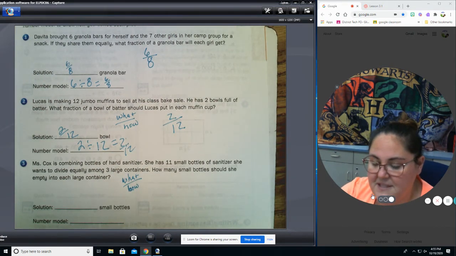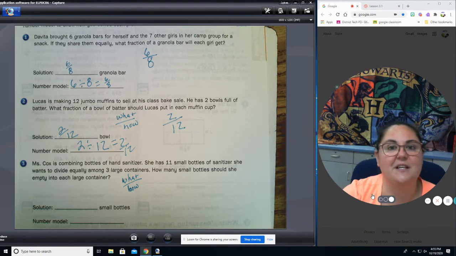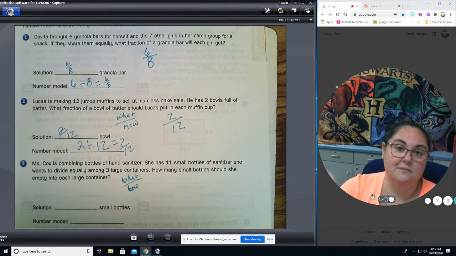All right, Ms. Cox is combining bottles of hand sanitizer. She has 11 small bottles of sanitizer she wants to divide equally among 3 large containers. How many small bottles should she empty into each larger container? What am I dividing?